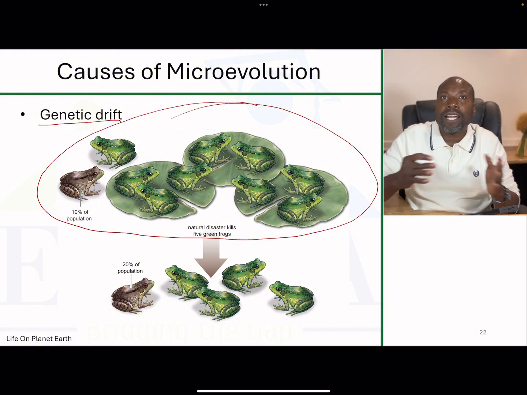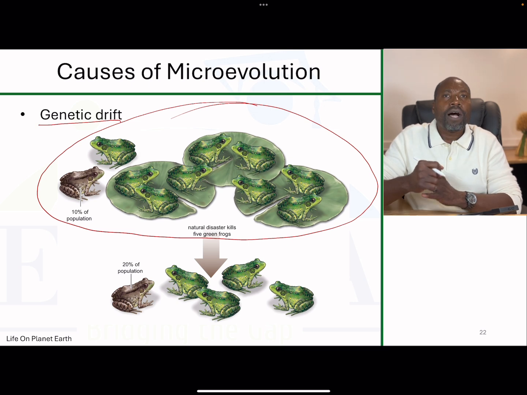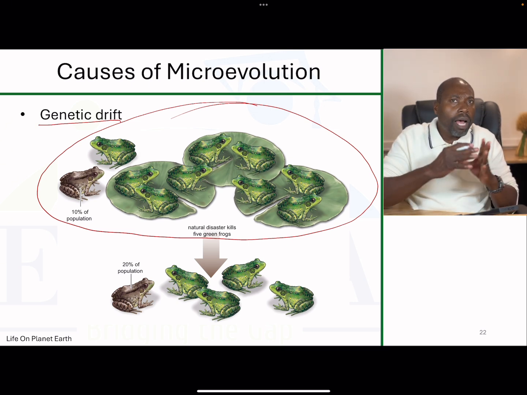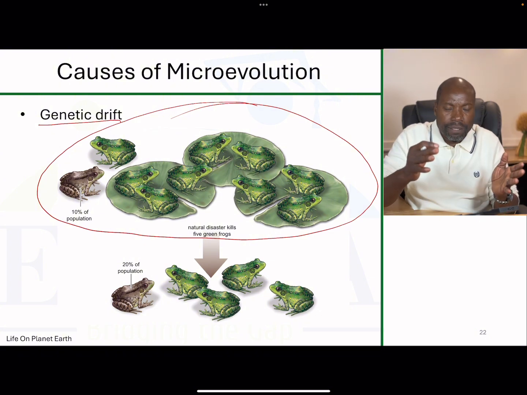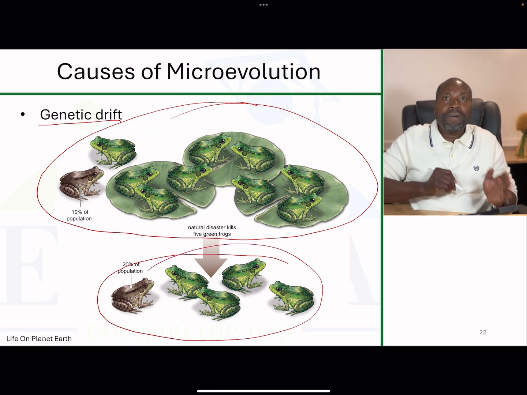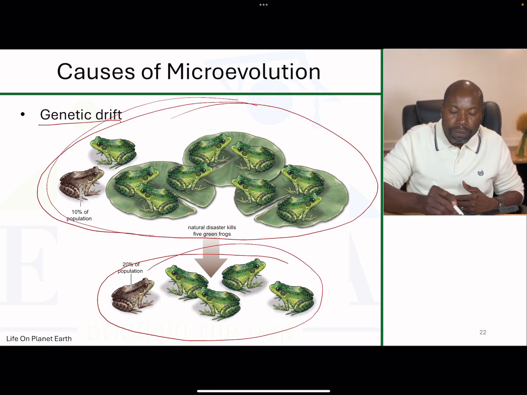For instance, a flood, a very cold winter, an extremely hot summer, right? Some disturbance in the environment so that these few guys find themselves isolated from this big group.